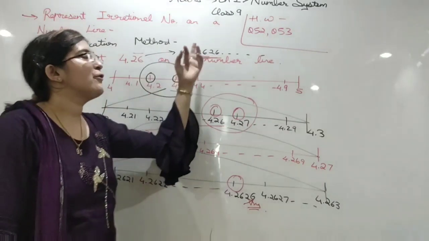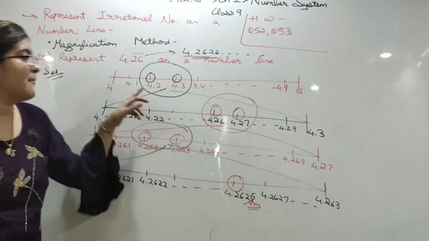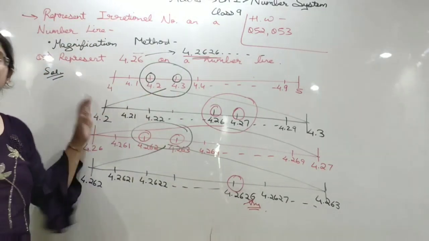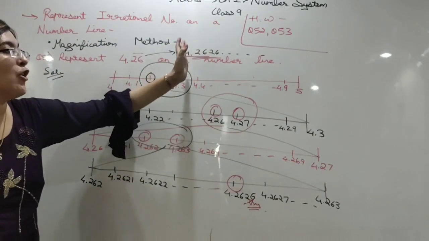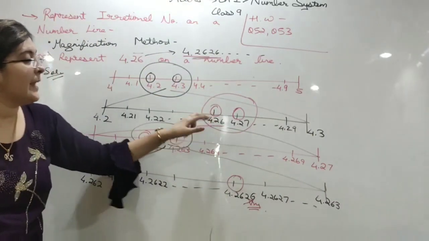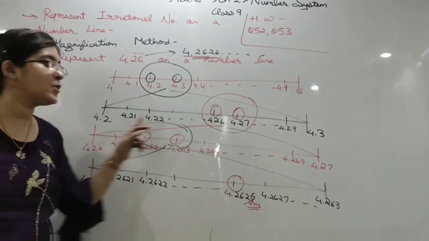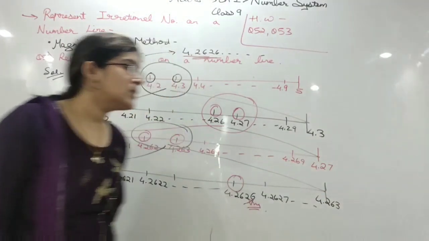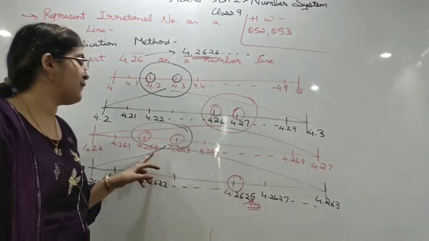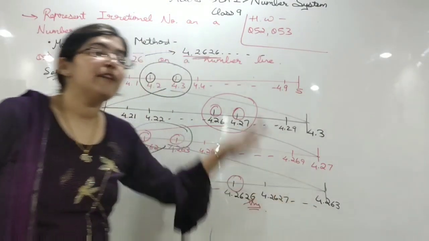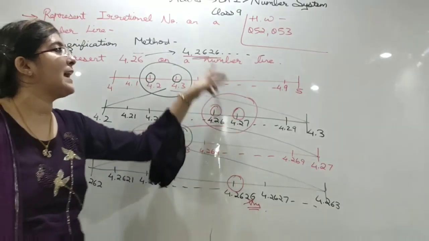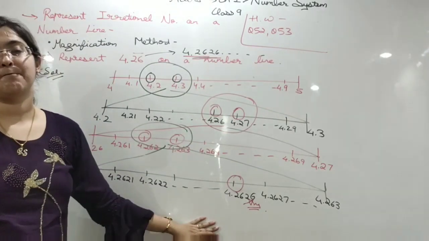Then we have seen that it is 4.26, that means we will find it between 4.2 and 4.3. Then we have seen one more digit, 4.262. That means it will lie between 4.26 and 4.27. Then we have magnified 4.262 and 4.263. We have to go on doing this until we get the number which we are having.